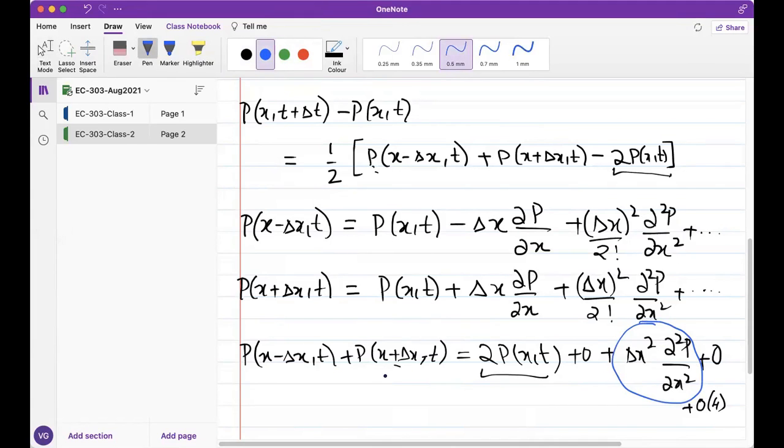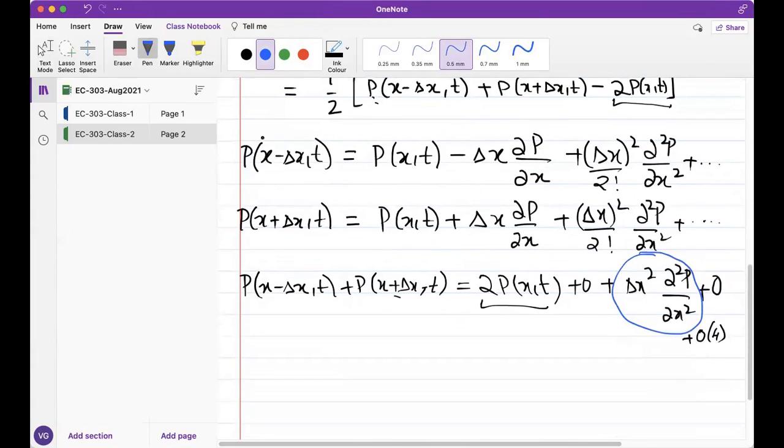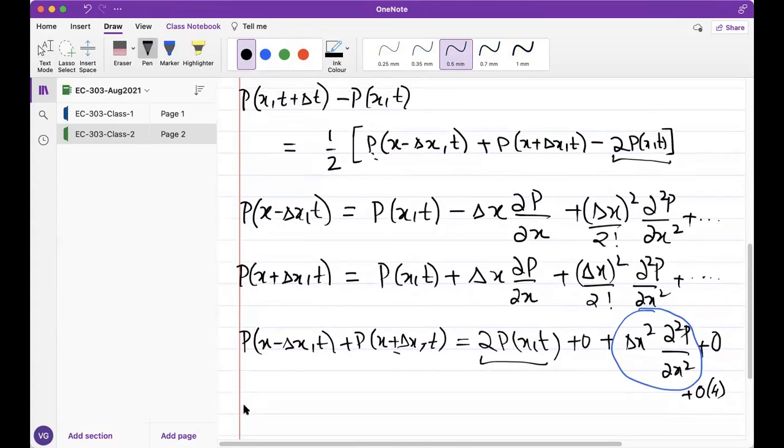If I'm adding these two and then subtracting the term here, we are left with half, which is still there, delta x squared times the second derivative of P with respect to x squared.